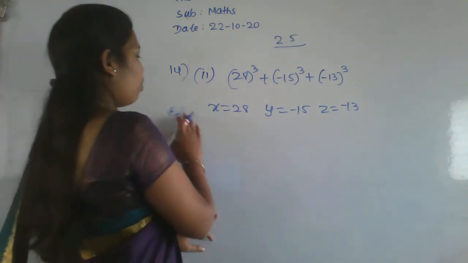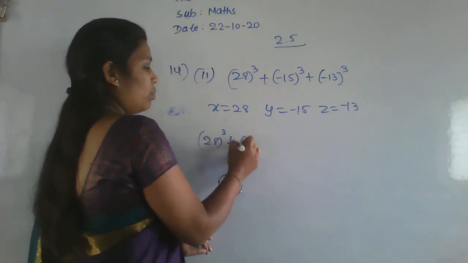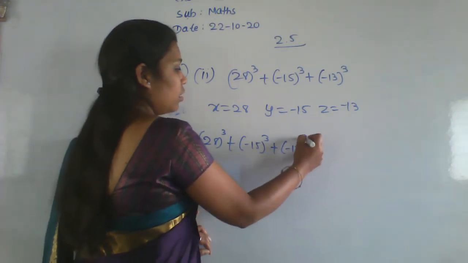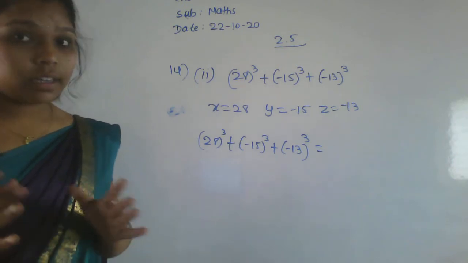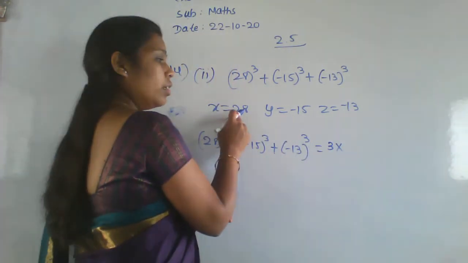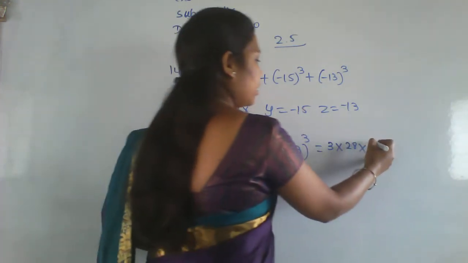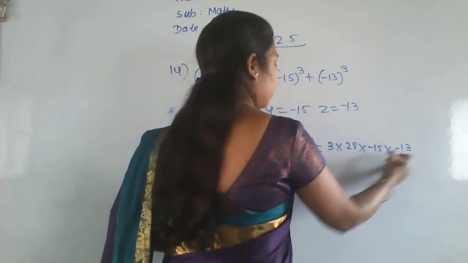So use that formula. 28 whole cube plus minus 15 cube plus minus 13 cube is equal to what? 3xyz, right? So here x is 28, and y is minus 15, and z is minus 13.